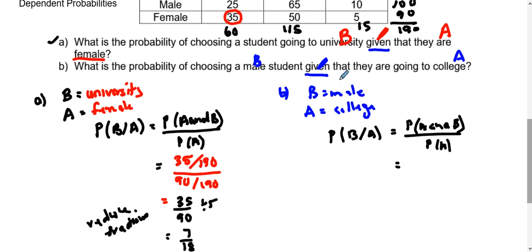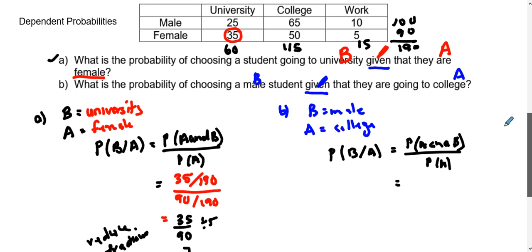So how many males go to college? 65 males go to college. How many total go to college? 115 are going to college.